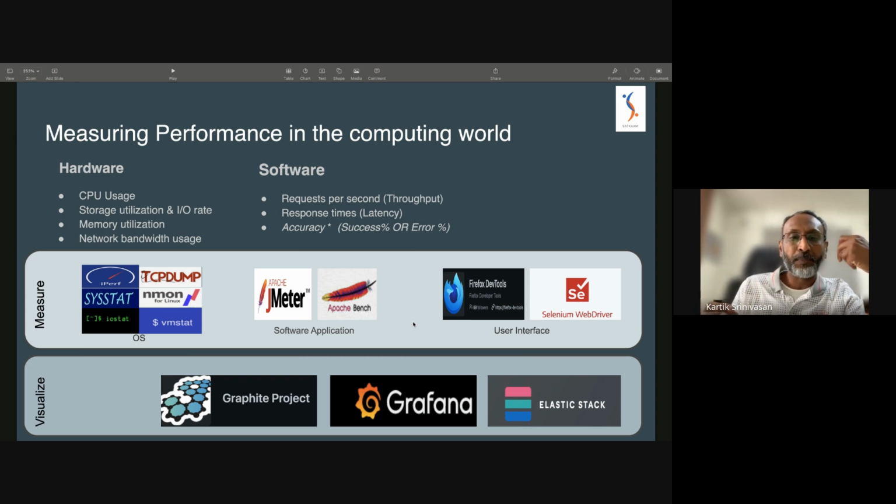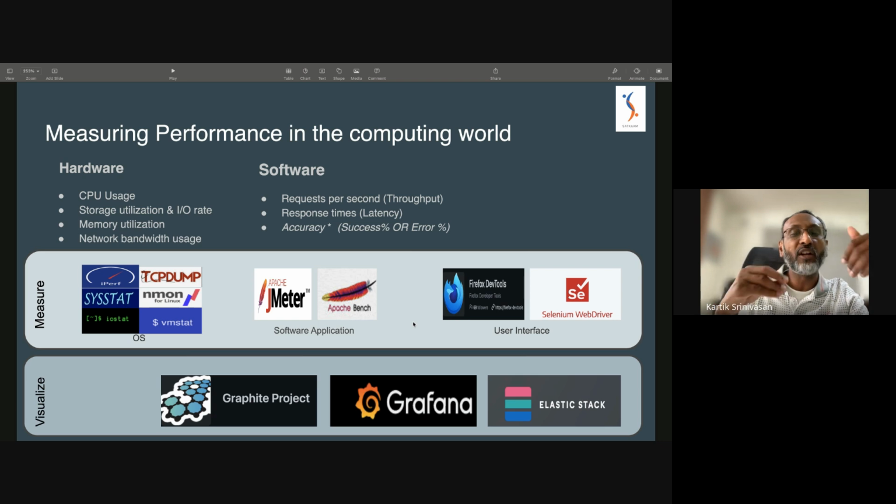So there are tools like Firefox DevTools or Selenium WebDriver that will allow you to simulate browsers on various different stacks, and look at network operations happening within the browser and how much each network operation is taking, how much of the data is cached versus how much is actually going to the server and bringing things down, and how much data is being exchanged for every request that is made from your browser to the server. All of these statistics are available as part of some of these browser tools, again open source and free for use.